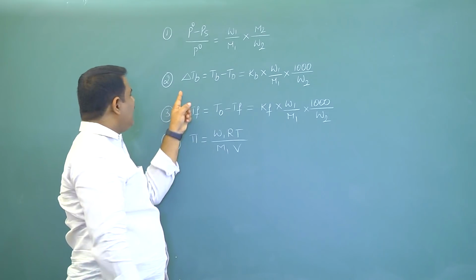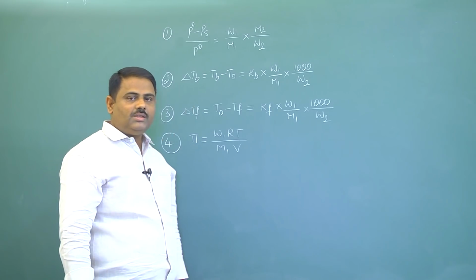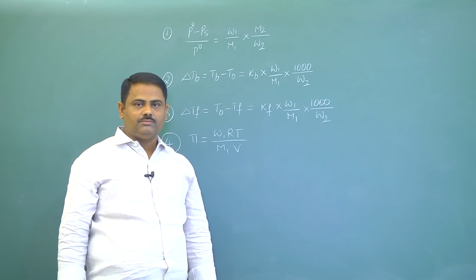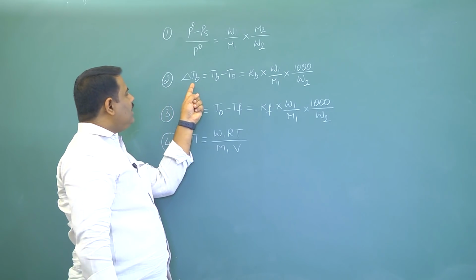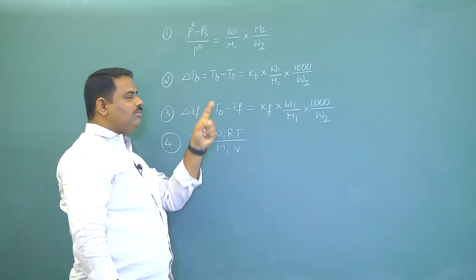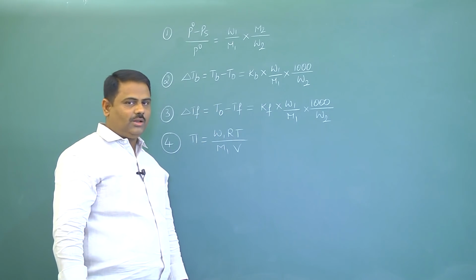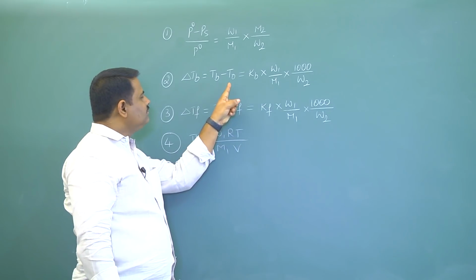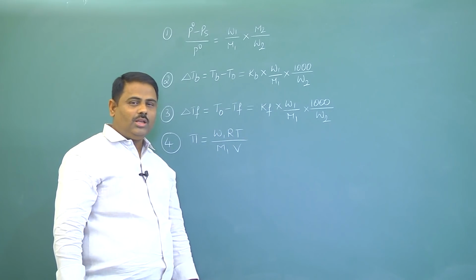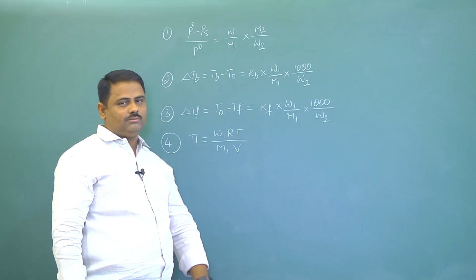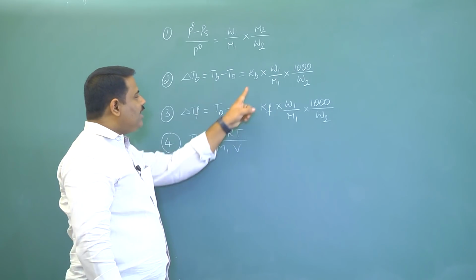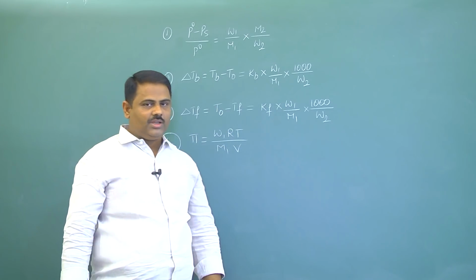Now come to the second colligative property, that is elevation in boiling point. Delta TB is elevation in boiling point, TB is boiling point of solution, T naught is boiling point of pure solvent, Kb is molar elevation constant.